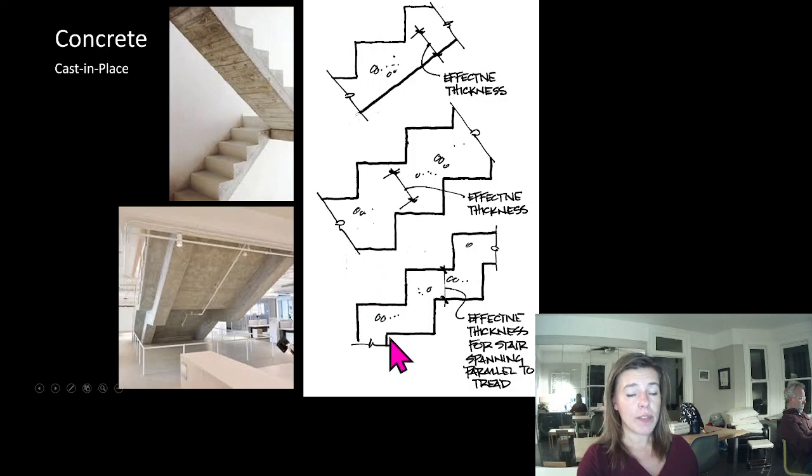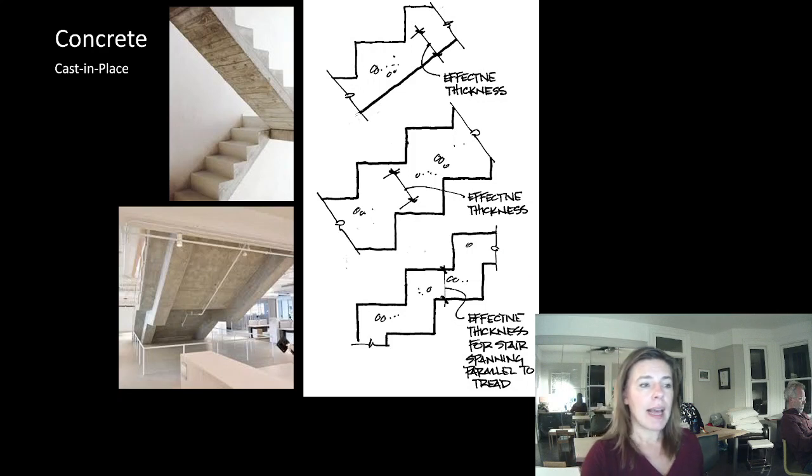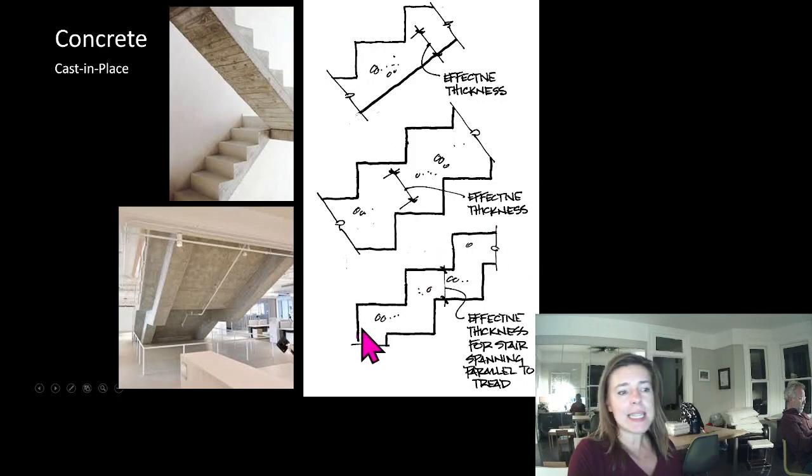It's not often done, but it can be done because the reinforcing work for something like this is extraordinary. Here, this is our effective thickness, but we now have to bend our reinforcing. We have to still be able to develop our lengths. So this isn't as common.